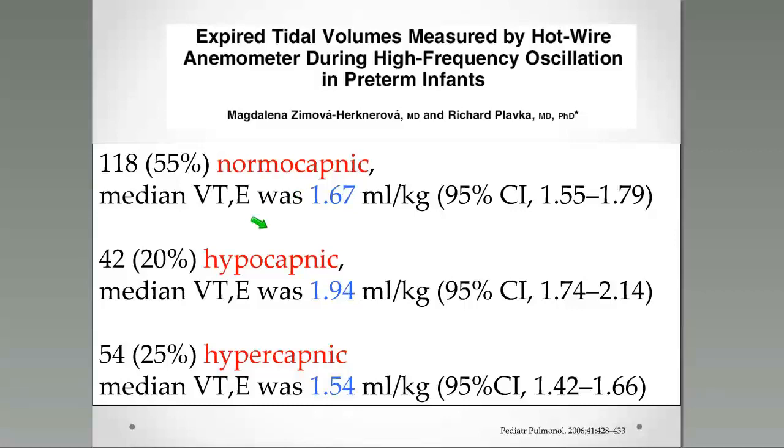Those babies with 1.9, close to 2 ml per kilogram, were hypocapnic. And those babies close to 1.5 were hypercapnic. So if we have the possibility of knowing continuously the tidal volume during high frequency ventilation, we can have a very close monitoring, probably, of the PCO2 of the babies.